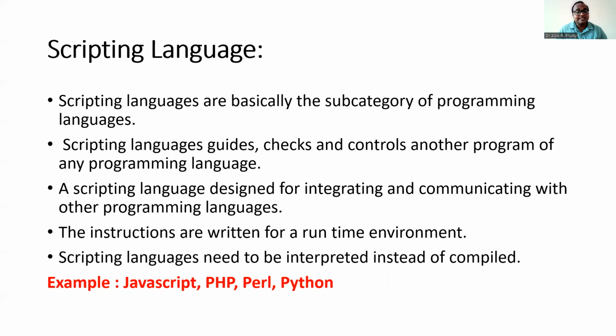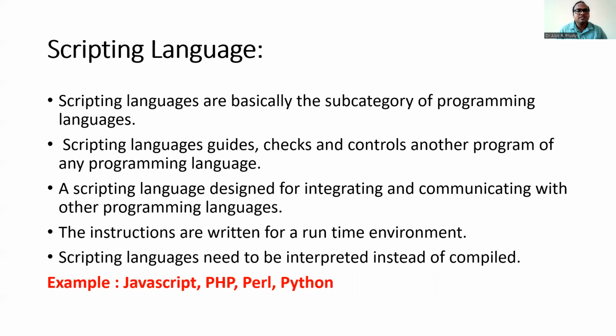A scripting language is designed for integrating and communicating with other programming languages. The instructions are written for a runtime environment. As we are making changes or taking control over the main program, scripting languages are executed at runtime.